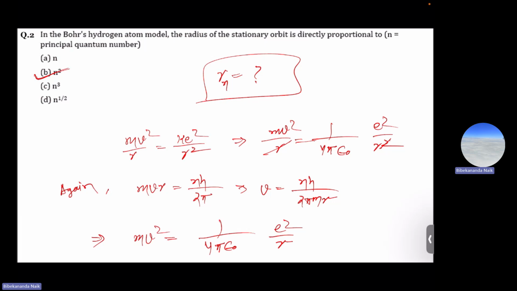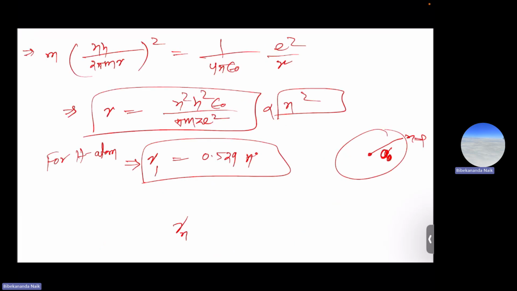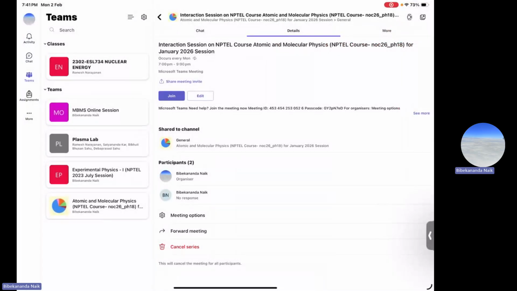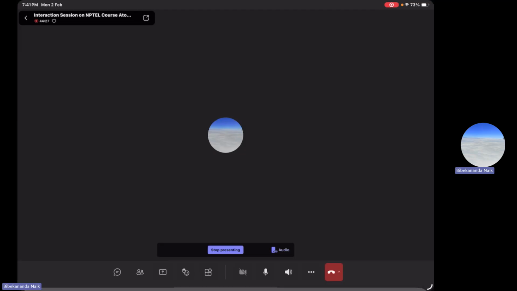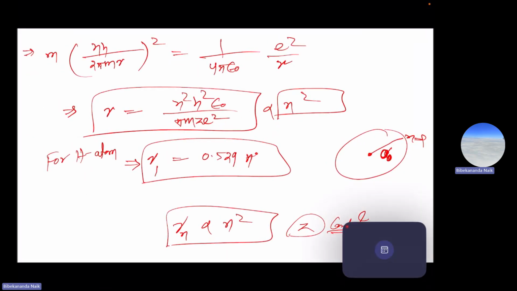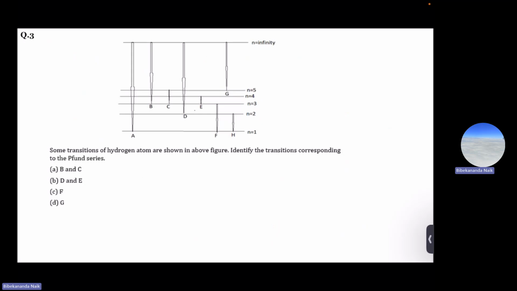So Rn is proportional to n square for a constant Z. I hope this is clear to everyone. Now we'll move to question number 3.